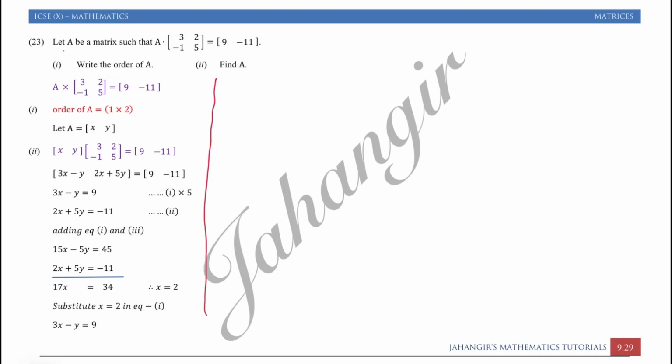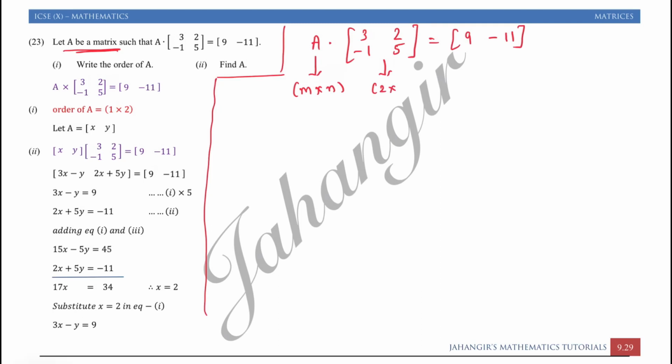So here we have to find matrix A such that A multiplied by the matrix 3 minus 1, 2 5 is equal to 9 minus 11. So we will consider the order of A as m by n, the order of the other matrix is 2 by 2, and the order of the product is 2 by 1.